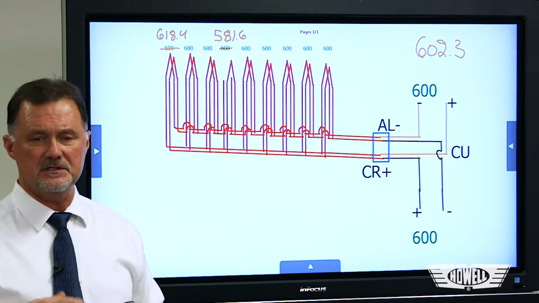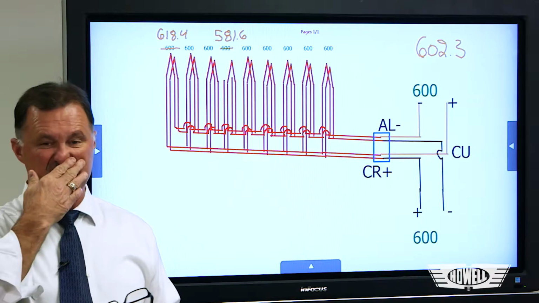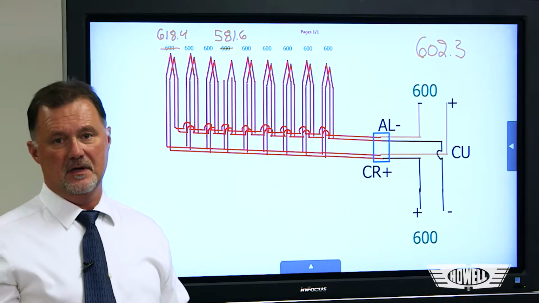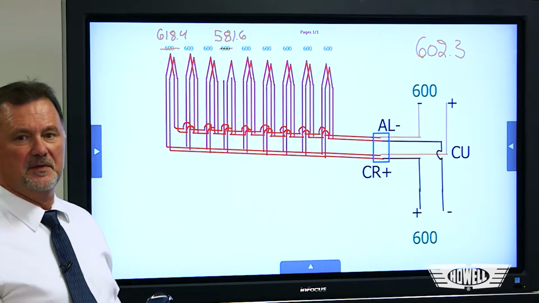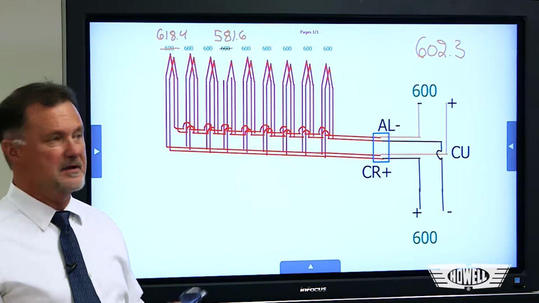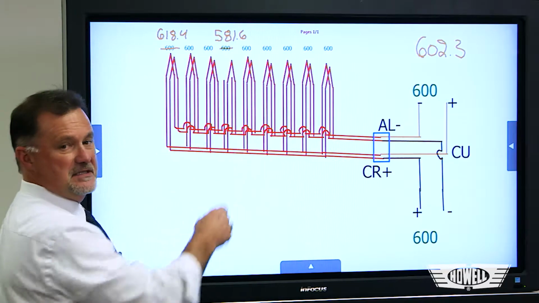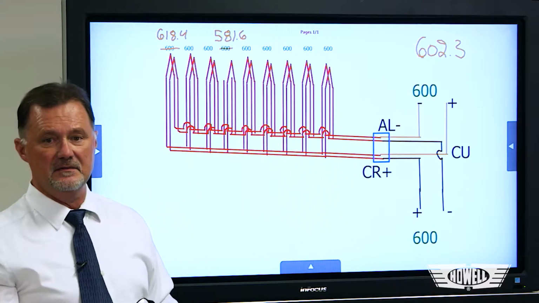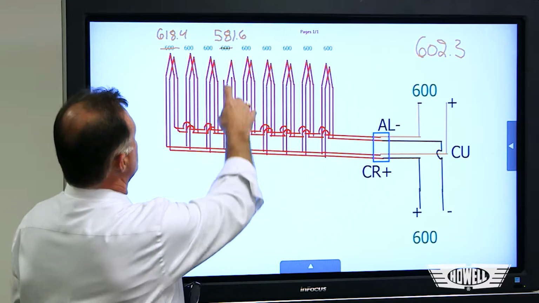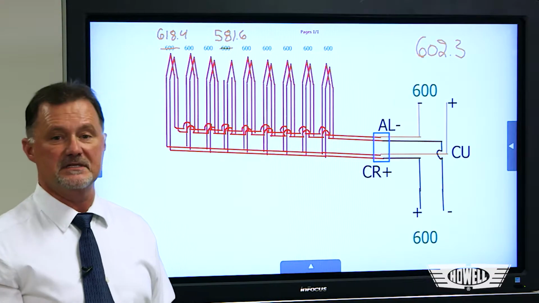So now let's assume that we're going to have a change in thermocouple output based upon an open. So in this particular condition, we're going to manipulate the thermocouples. There are some that are hotter than others. So instead of all being 600, this time we have thermocouple 1 at 618.4. We've got thermocouple 4 at 581.6.